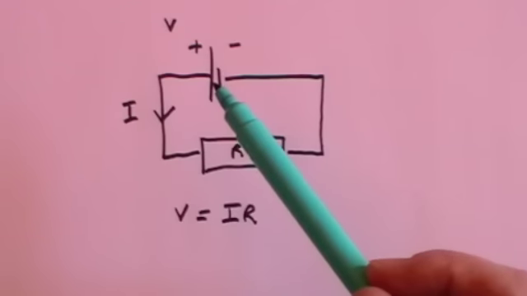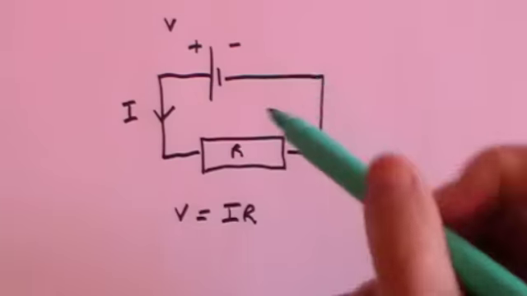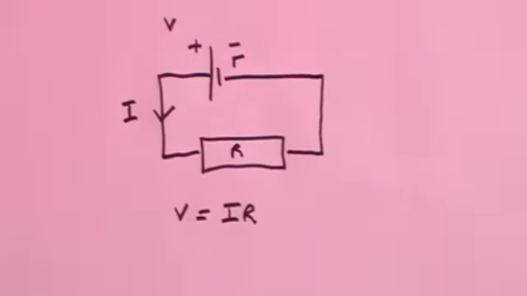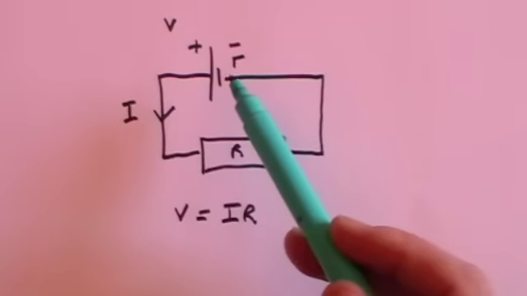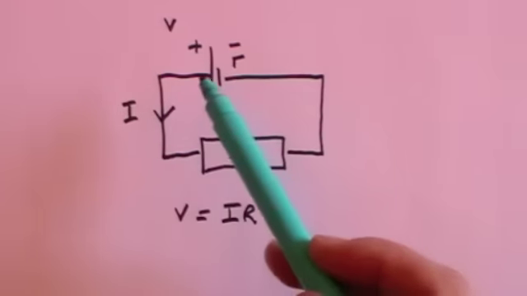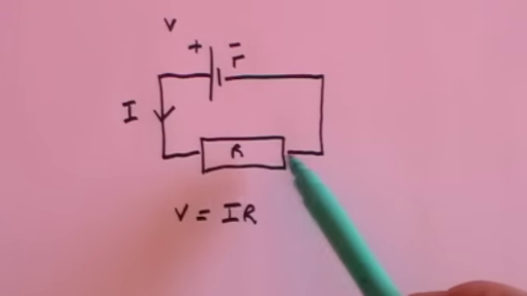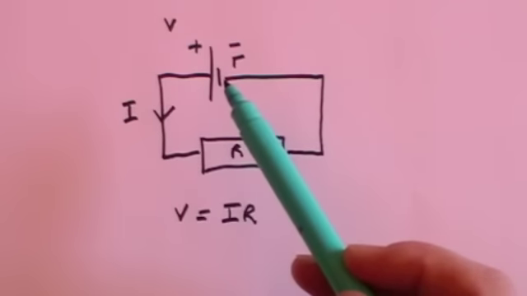There is usually a small resistance in the battery, which we label little r. And you can see that little r is in series with big R, because the current goes through big R and then it goes through the battery itself, if you like.